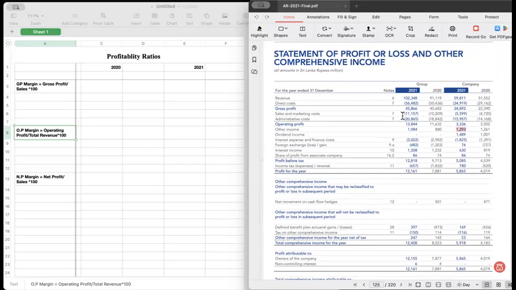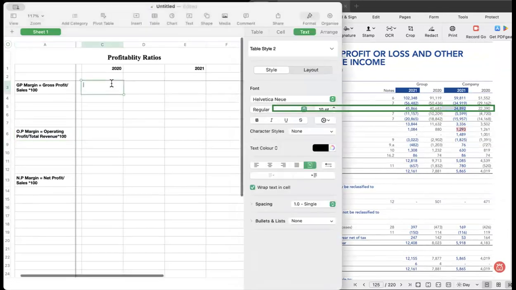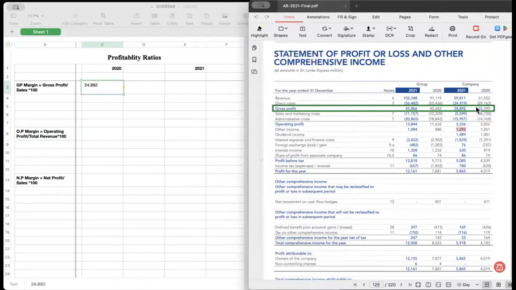Right. Here you have the gross profit over here, which is this line. Let me highlight it for you. Here you go. Under direct cost, you have the gross profit. So here we need the gross profit of the company for 2021 and 2020.